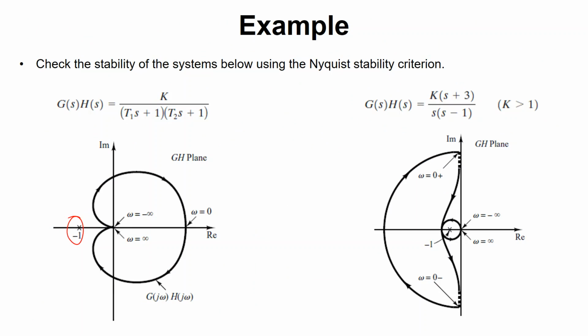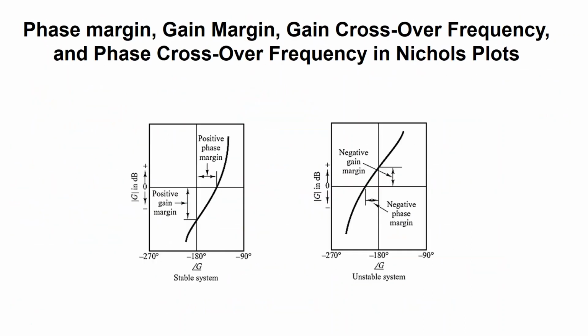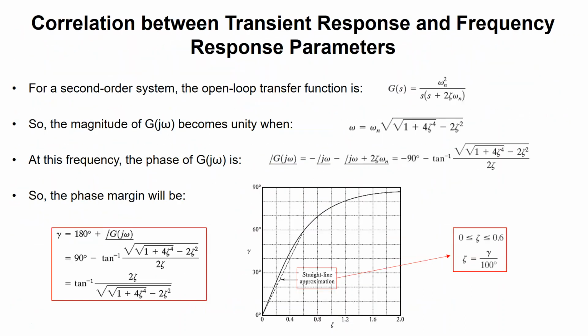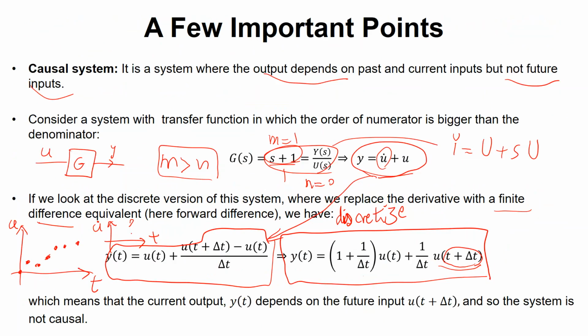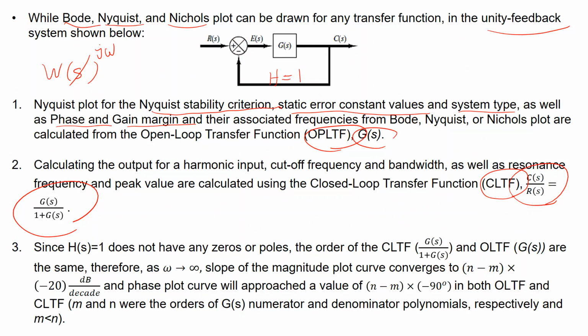So what transfer function did you use in this analysis? If you remember, we used what? We used GH, we used the open loop. So if we want to determine whether a system is stable or not using the Nyquist stability criterion, what transfer function are we going to use?